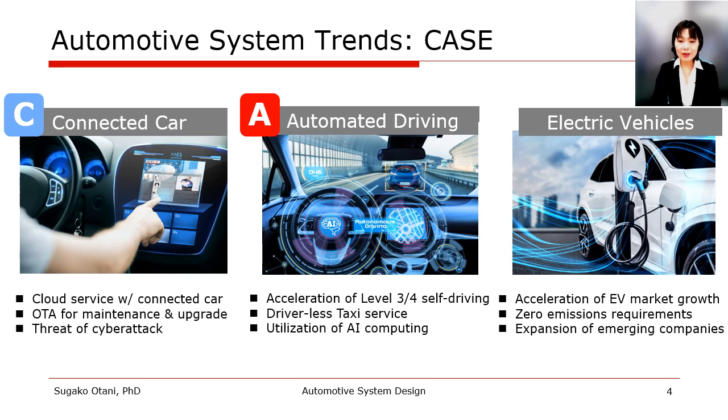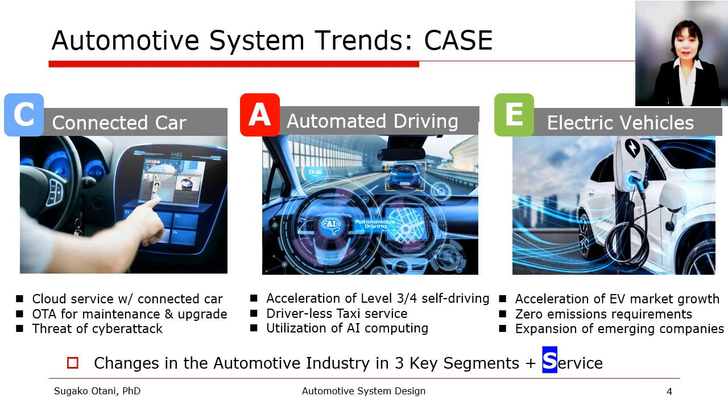Advances in AI technologies and in-vehicle electronics have led to the practical application of Level 3 and Level 4. The third is electric vehicles. With the need to reduce greenhouse gas emissions, the growth of this market is accelerating. Adding services to the 3 key areas, the automotive system trend is said to be CASE.